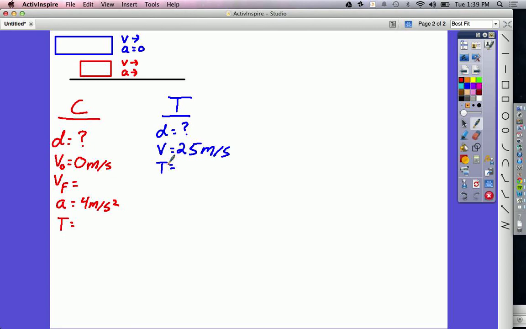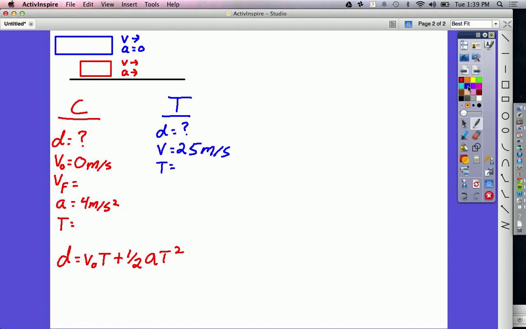But what the car and the truck have in common is the truck will be traveling for the same amount of time as the car. So we're going to use the equation that does have time in it and does not have final velocity, because the car and the truck do not have that in common. And that equation would be D equals V0 T plus 1/2 A T squared.